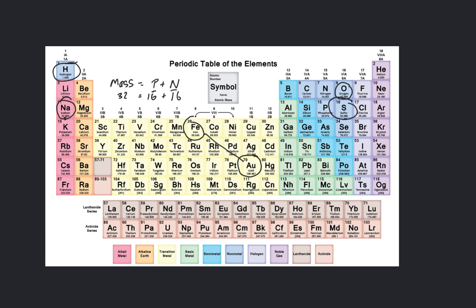Well, gold will be, because each gold atom has 79 protons, but each iron atom only has 26 protons. And mass is determined by protons and neutrons. And so since gold has way more protons and neutrons, if you have a mole of each, the gold will be heavier in your hand.